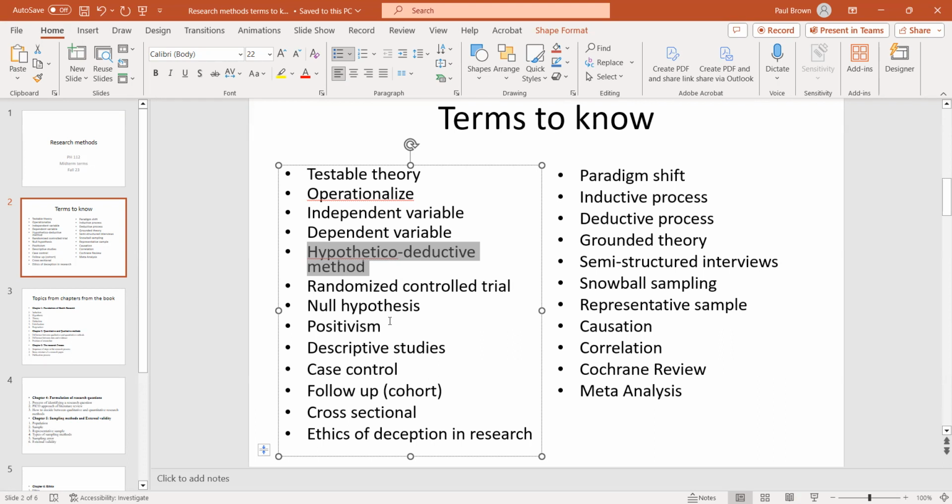So let's say you have a high sleep group and a low sleep group, and then you look at their GPA. Let's say the GPA of the high sleep group is 3.3 and the low is 2.7. So what's your null hypothesis? If you think that sleep leads to higher GPA, what's your null hypothesis?